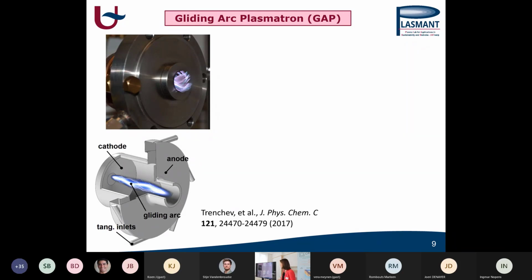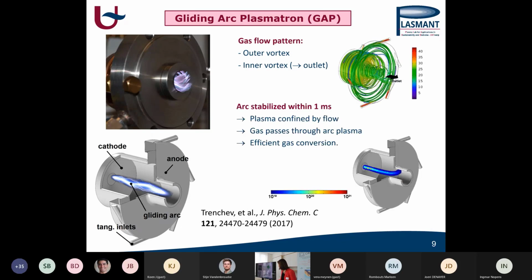So here I show a gliding arc plasmatron that we have in the group, and you see here the design. The reactor body is at cathode potential, and the anode, or the reactor outlet, is at anode potential. And you have tangential inlets. I didn't have the animations because I had to bring the presentation on a stick.